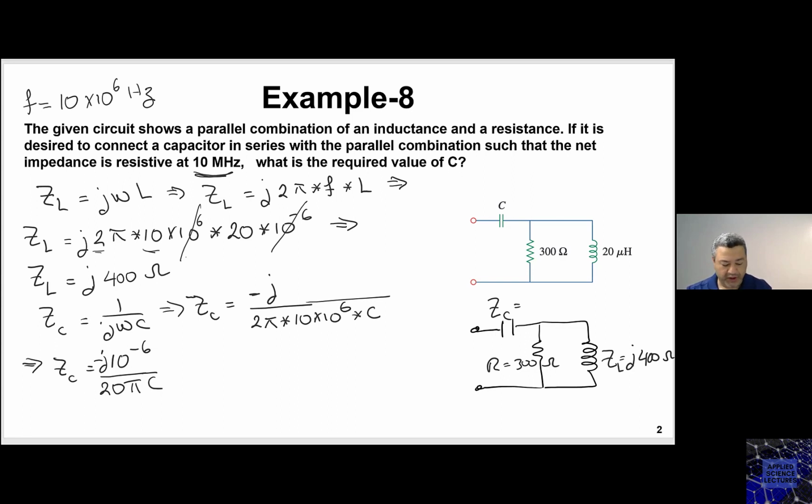Now we need to find the total impedance here. If you look, the 300 and the j400 are in parallel. So in this case, we will find, let me call this one Z1. So I have here Z1 is 300 times j400 over 300 plus j400.